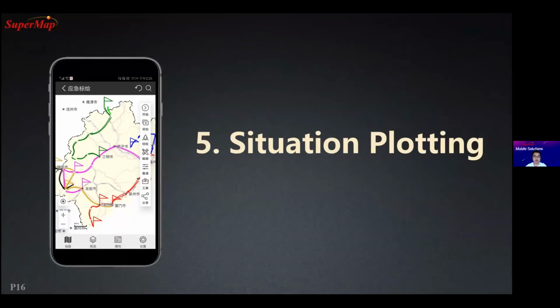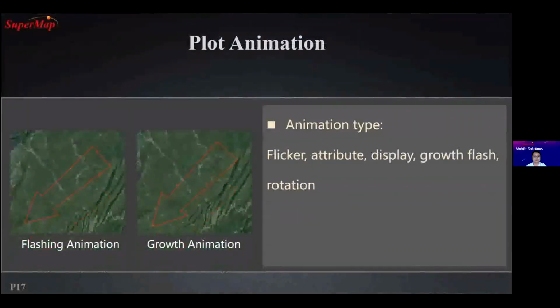And after you collect all the data from the field, you can also show all the maps or different semantic maps on your mobile. Here we can also use some dynamic effect. We call it situation plotting. You can draw some arrows or some other animation on your mobile.